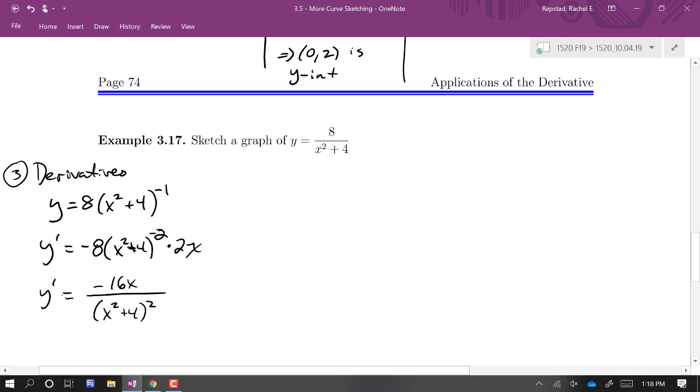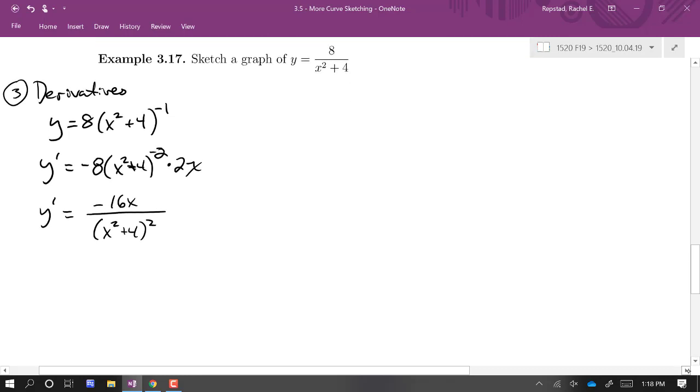Now we are definitely going to find the second derivative as well, but let's sit on this for a moment. Do we have any critical values? Critical values are where the first derivative is 0 or undefined.